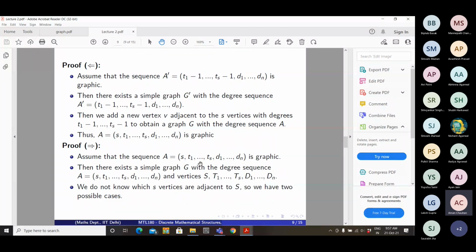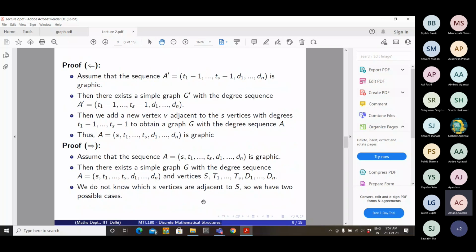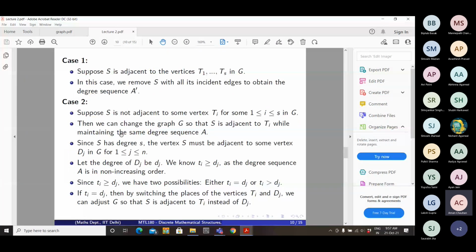Then we will apply some operations on the graph: we will remove some of the edges and attach some other edges to get another graph, say G double dash, where this vertex S is adjacent to the first S vertices, but G double dash has the same degree sequence as A. So how do we get such a graph?